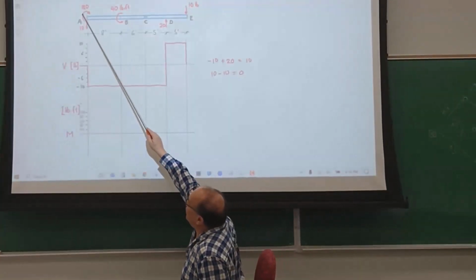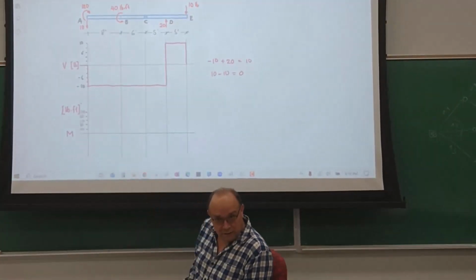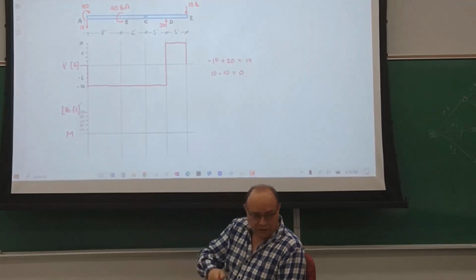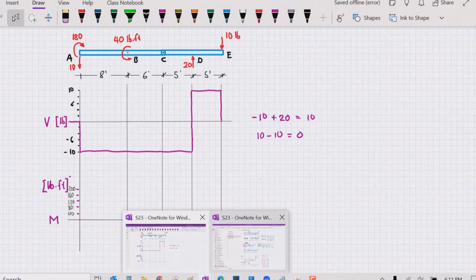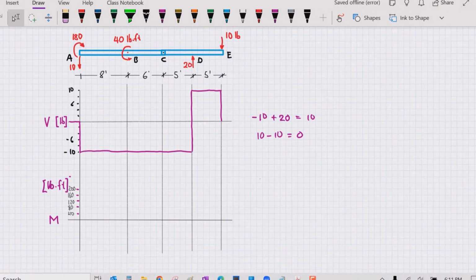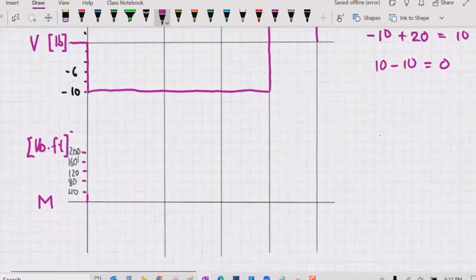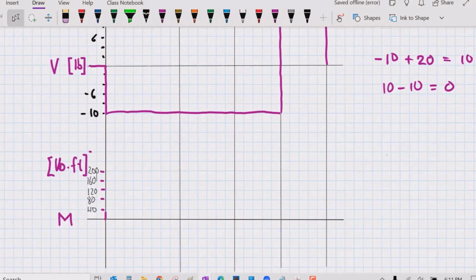So what do you do when you get a clockwise moment? Go up, right? The clock's above, the counter is below. So you go directly up to 180. This is 180.